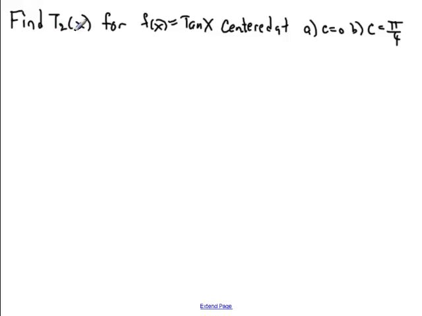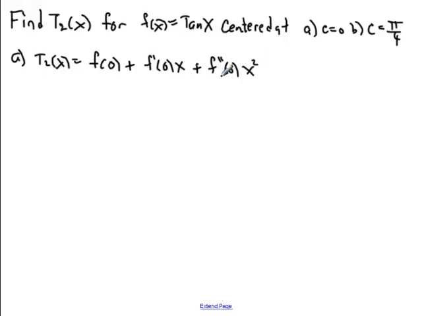Find the second Taylor polynomial t2 of x for f of x equals tan x centered at a, c equals 0, b, c equals pi over 4. So the formula that we have for a is that t2 of x is equal to f of 0 plus f prime of 0 x plus f double prime of 0 x squared over 2 factorial.